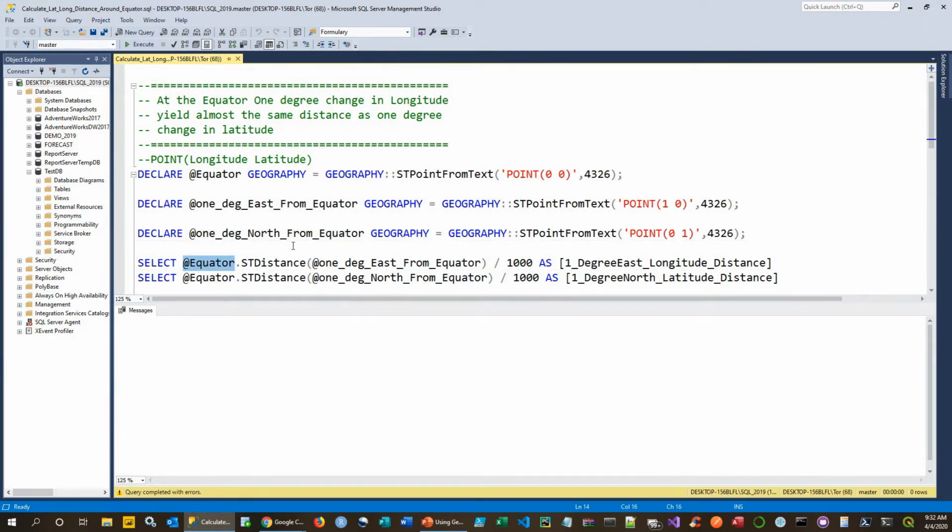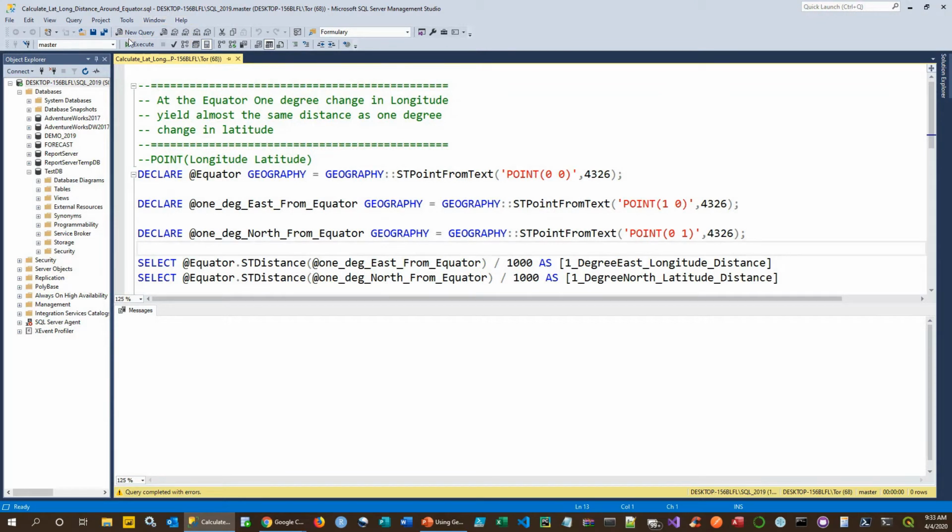I can take the equator and calculate the distance east of the equator by taking the geographical representation of this 1 degree east from the equator. And then I divide it by 1,000 because I want it represented in kilometers. And then I do the same thing for the northwards.